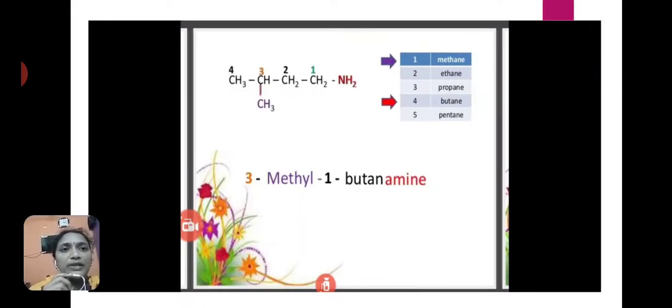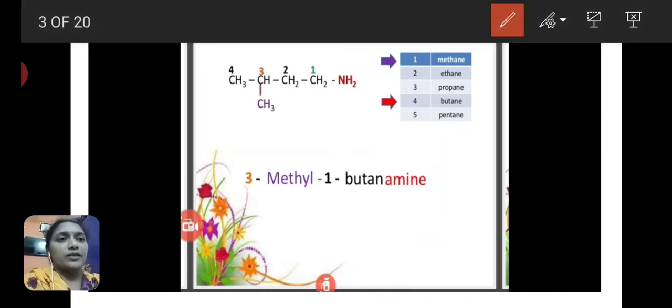Here is one more example, CH3 CH2 CH2 CH2 NH2, but at the third carbon another methyl group, a side chain, is present. At this time, the nitrogen-bearing carbon gets first priority, so we give the numbers from the right side. This is the first carbon, second, third, fourth.